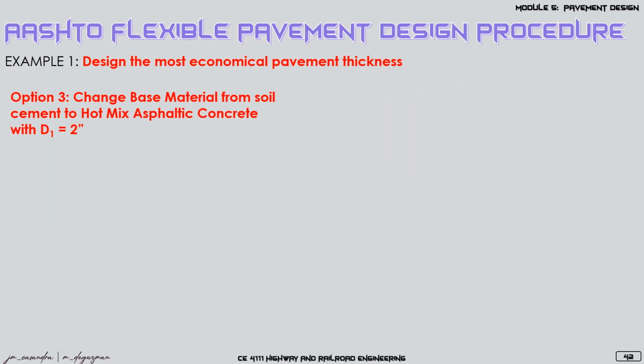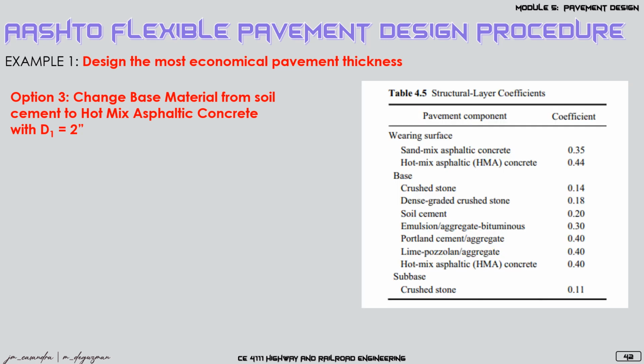So, we could try another option. Option 3 is to change now the material of the base. Instead of using soil cement, we now use hot mix asphaltic concrete with a new thickness of D1, which is still 2 inches. So again, we apply the structural number equation. We need our coefficient for hot mix asphalt concrete for the base, which is 0.4.